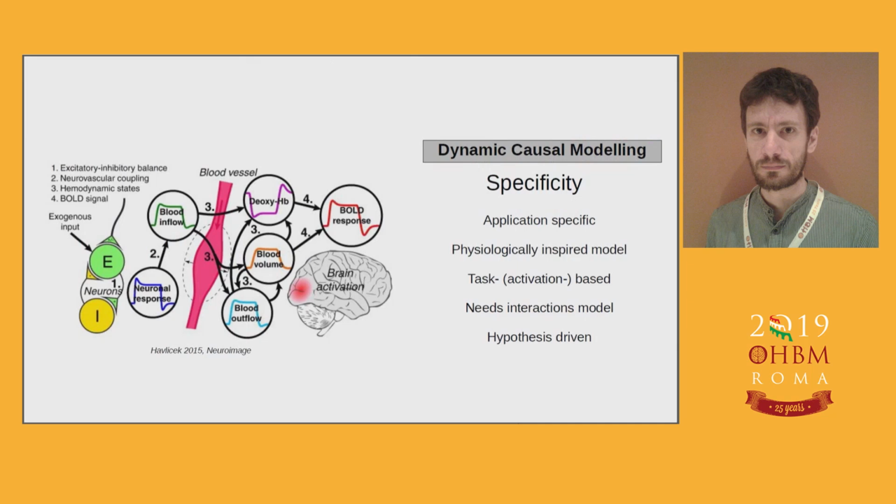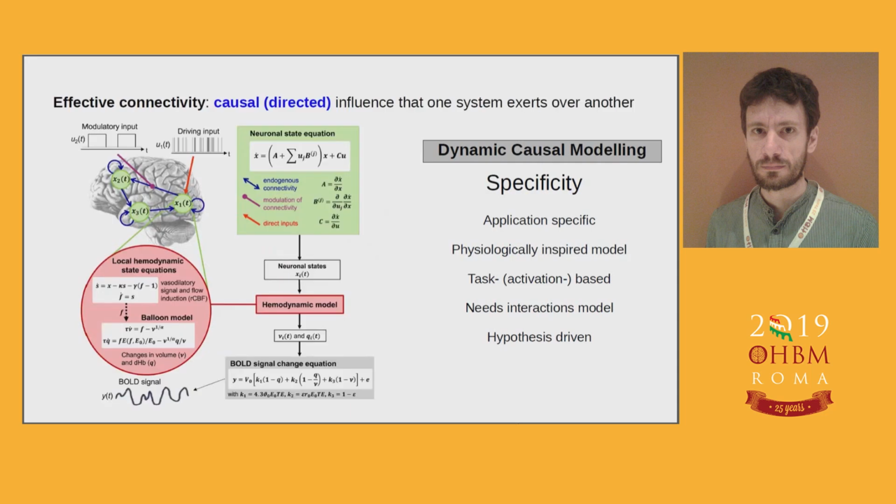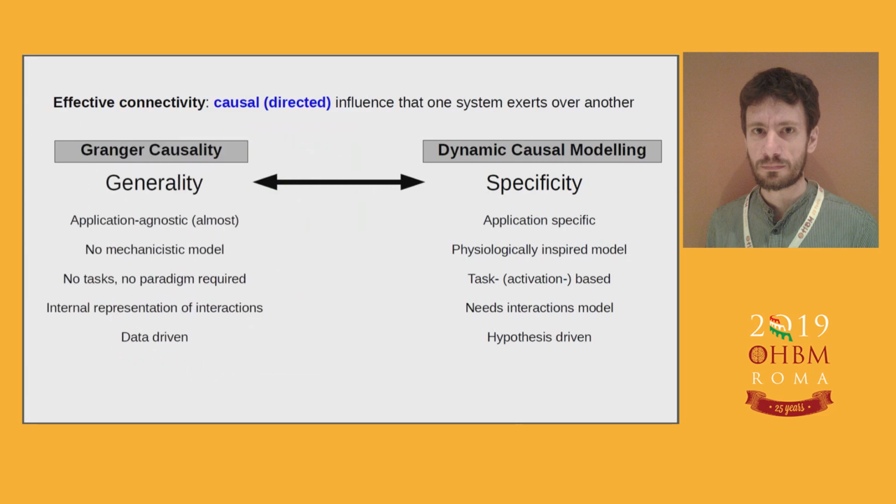You need to define the paradigm. There is a model for interaction, so it's very much hypothesis-driven. On the opposite side of the spectrum, Granger causality is totally general, even application agnostic. No task, no paradigm, good for resting state: give it the signal, push the button, it works. Period.